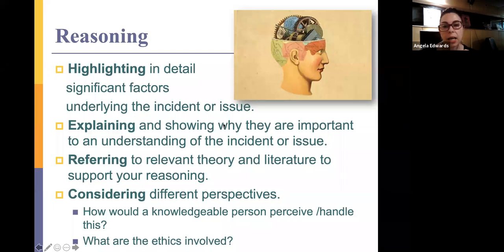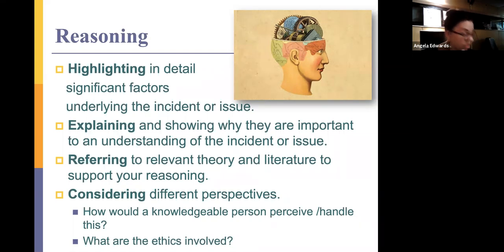So reasoning involves highlighting in detail all those significant factors that underlie the incident or issue. So really looking behind what that incident is, explaining and showing why they're important, why it's important to have an understanding of the incident or the issue.